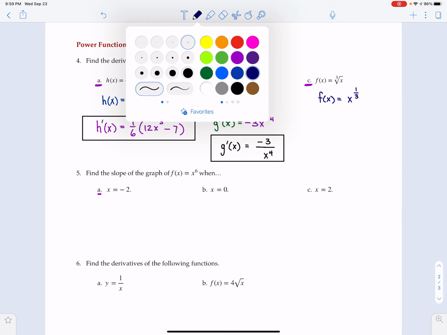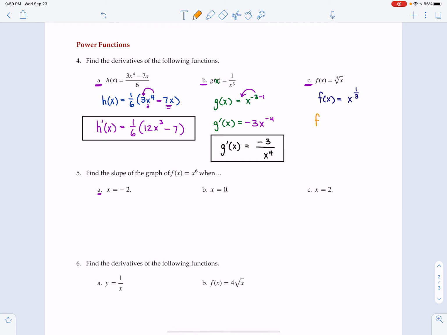And then from there, even though that's a fractional exponent, it is very easy to take our derivative. So that means we're going to take the 1/3 down in front. There's no other coefficient, so that becomes our new coefficient. And then we need to do 1/3 minus 1. With fractions, it might help you to visualize a common denominator. 1/3 minus 3/3, or minus 1, is -2/3, so x to the -2/3.